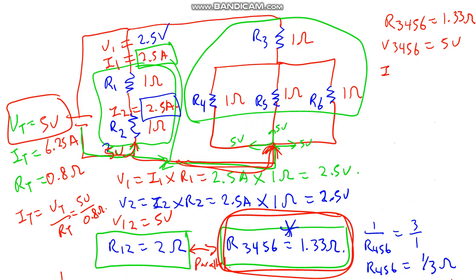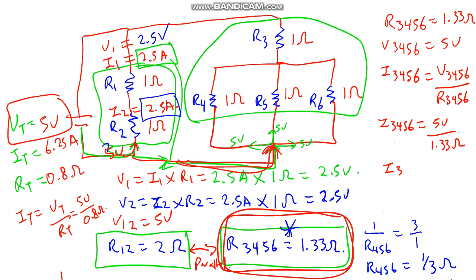So then the current of 3456 is equal to V3456 all over R3456. So I3456 is equal to V3456, which is 5 volts, over R3456, which is 1.33 ohms.